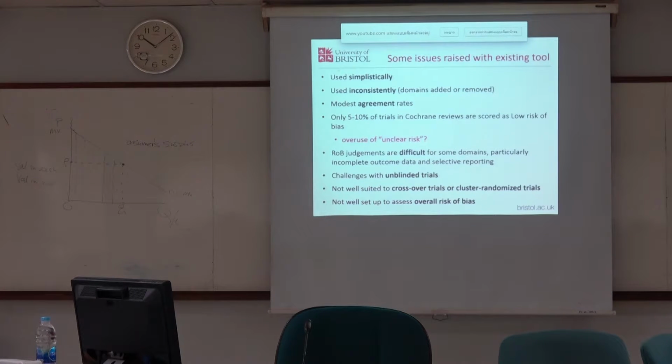We often find that it can be used inconsistently, so some of the core domains are dropped from the tool in some reviews, and some new domains are added which are not necessarily related to bias. So some people will add an issue of sample size to all their risk of bias tables, which has a lot more to do with precision than bias per se.